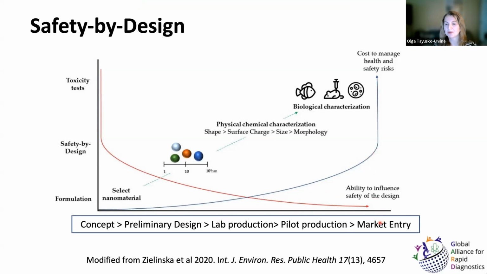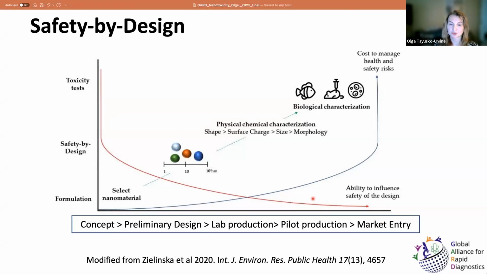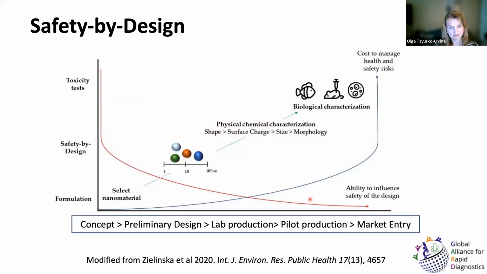It's pretty much impossible once the product is released to the market, because it went through a lot of stages and is already in the product. So it's much easier, theoretically, to think about the safety and go through all the testing at the preliminary design and lab production stage.